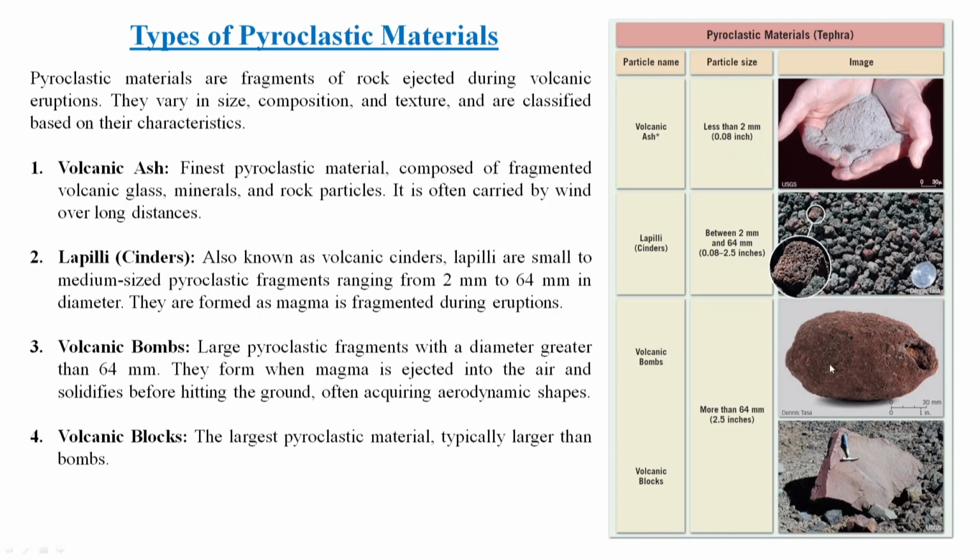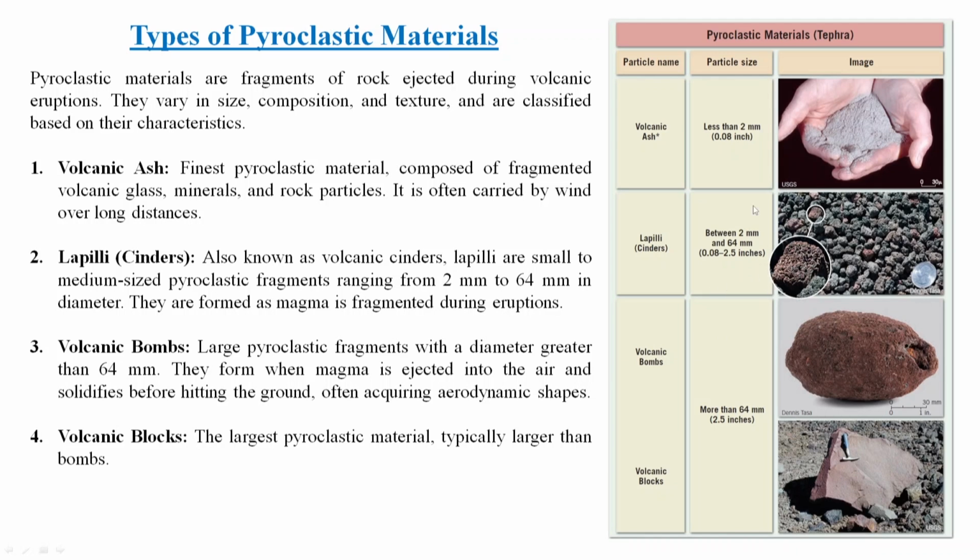Then you have the volcanic bombs, large pyroclastic fragments with a diameter greater than 64 millimeters, and the volcanic blocks, the largest pyroclastic material, which are typically larger than the volcanic bombs. So here you can see a scale of the particle size, where volcanic ash is typically less than 2 millimeters in diameter. Between 2 millimeters and 64 millimeters you have the lapilli or cinders. Then you have your volcanic bombs and volcanic blocks as well.